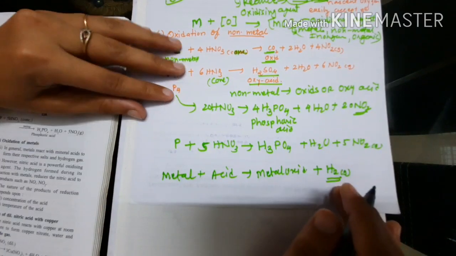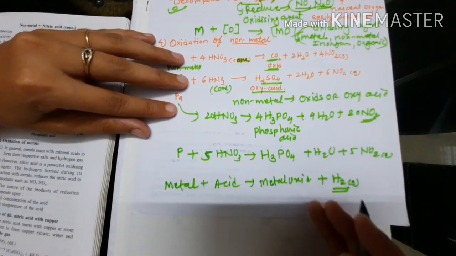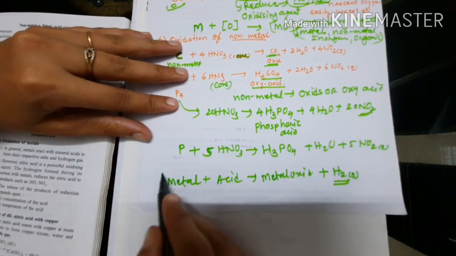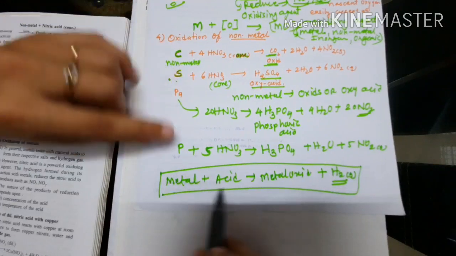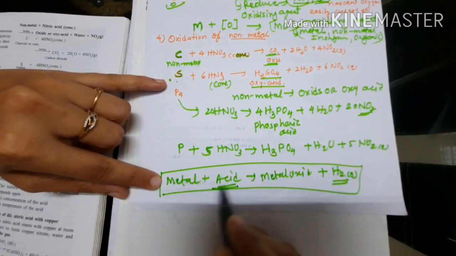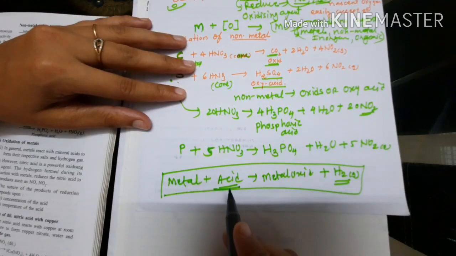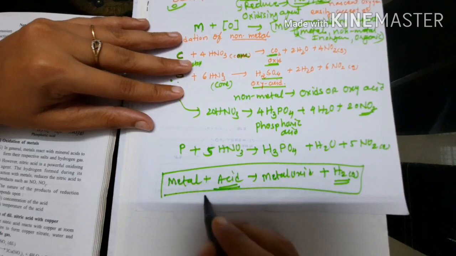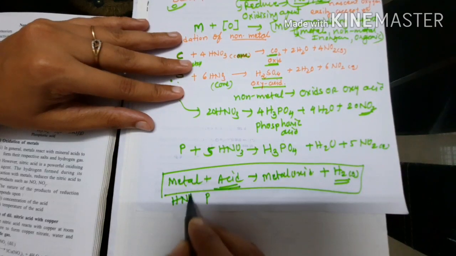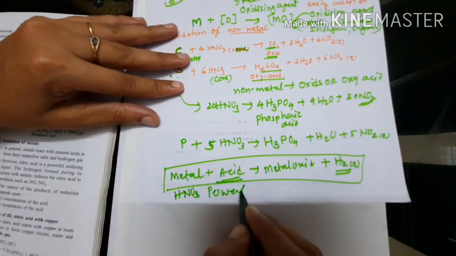However, nitric acid is a very powerful oxidizing agent. This theory is not applicable here. Why? Because HNO3 is an acid, but it is a very strong oxidizing agent. HNO3 is a very powerful oxidizing agent.